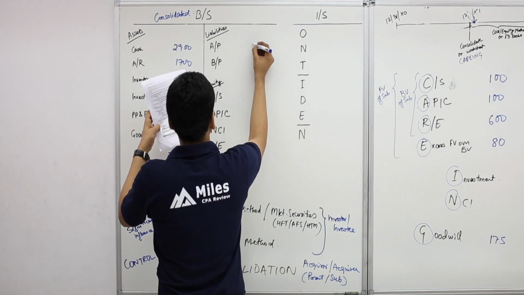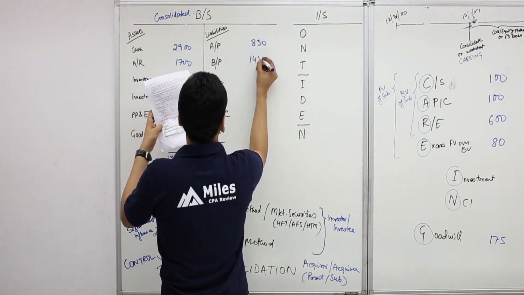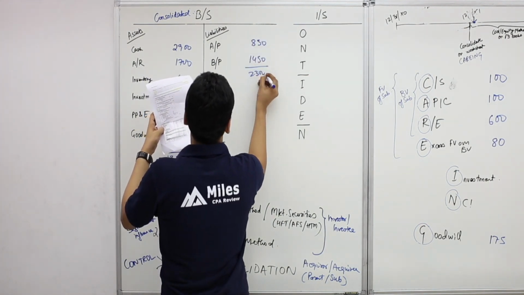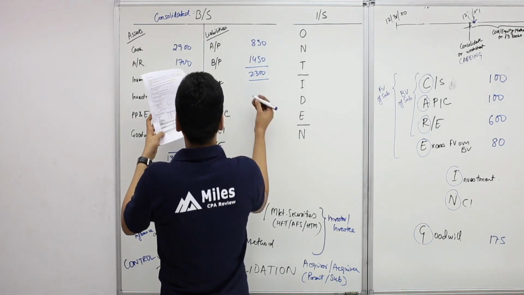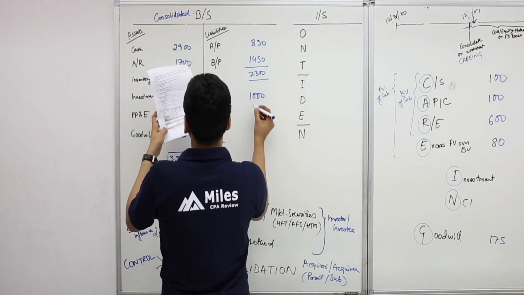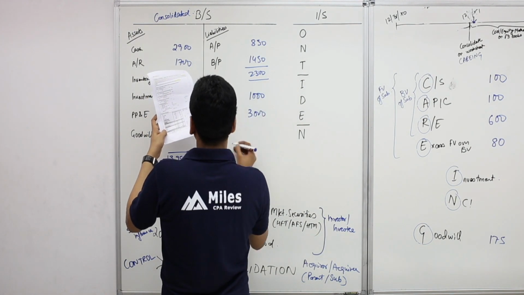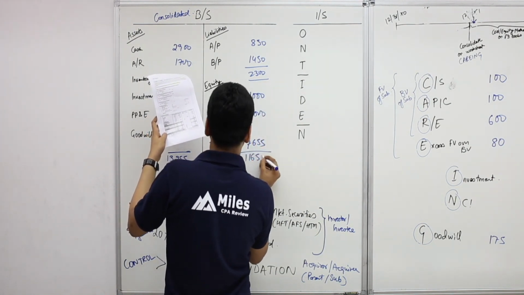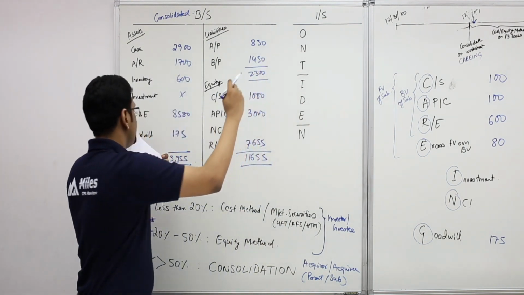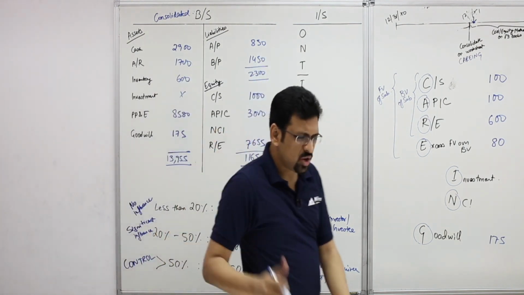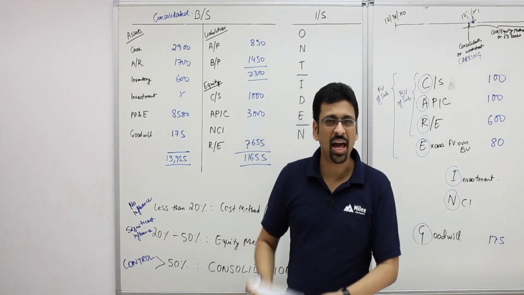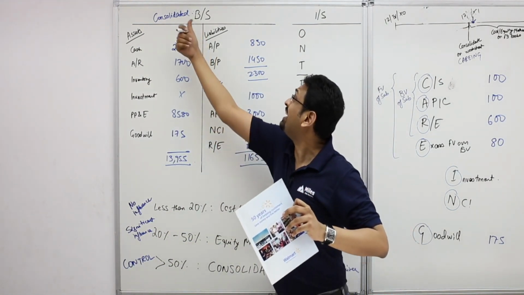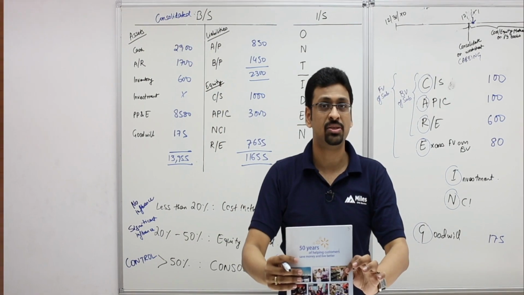Accounts payable on the consolidated financials, 850, bonds payable, 1,450, 2,300 of liabilities, common stock, 1,000, only the parent, APIC, only the parent, retained earnings, only the parent. That gives us 11,655. This plus this, 13,955. Guys, we are all set. We are ready with the balance sheet. We're going to show it out on the consolidated financials.